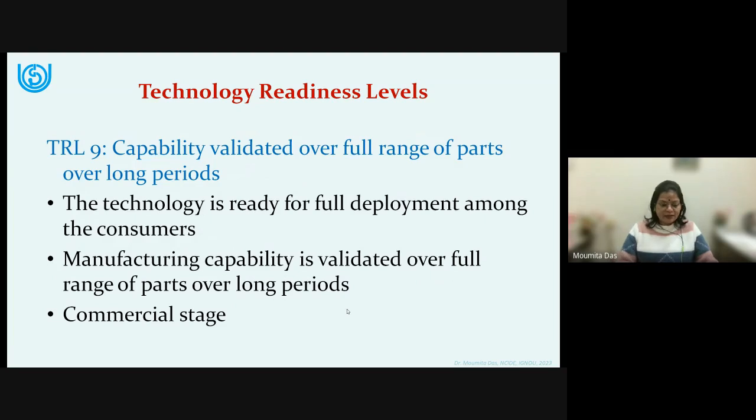TRL 9 is the last stage, when your technology is ready for full deployment among the consumers, and your manufacturing capability is validated over full range of parts over long periods. So after a year or maybe a few months, 7-8 months, you start deploying your product, and this is at the commercial stage.